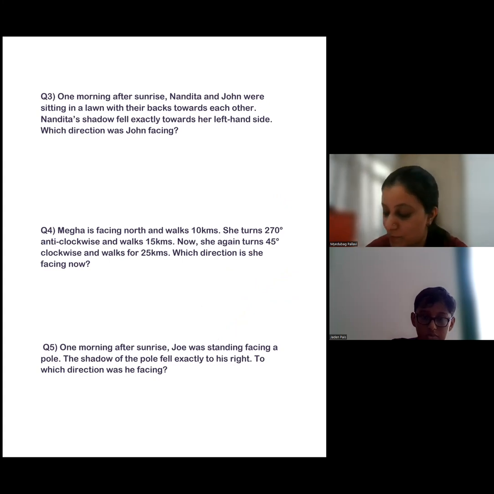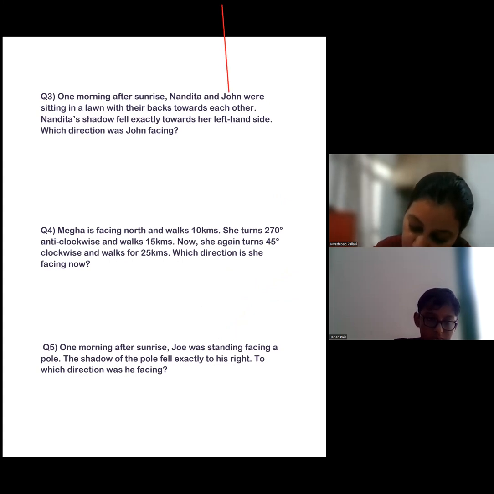Okay, now let us do some questions on shadow formation. So remember what we studied about shadow? Let us quickly revise it. So if we have the four directions, north, east, south, and west.